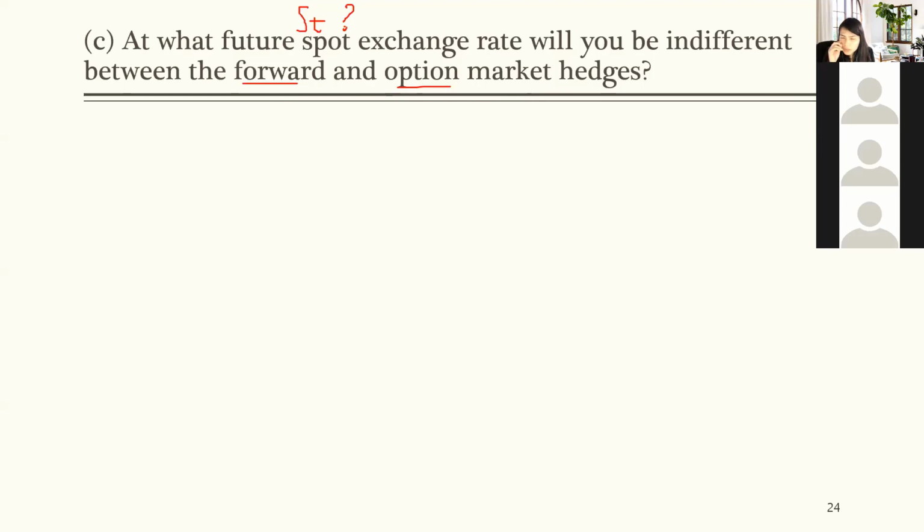I'll let you think about this problem for a little bit. Just one thing to note is that for a forward hedge, your hedging cash flow is fixed and known. In this case, this is what we computed in question B, which is 3,150.